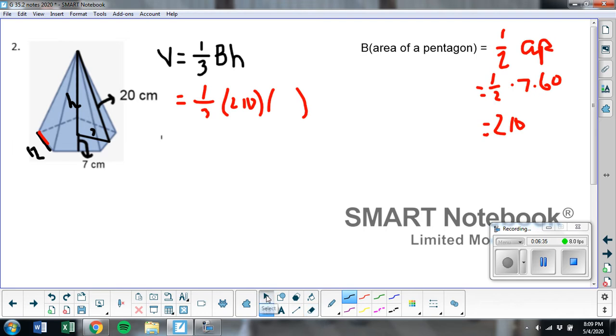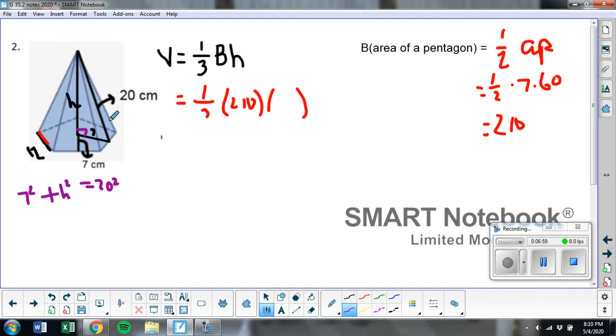So let's go ahead and do Pythagorean theorem. We're going to do 7 squared plus h squared is 20 squared. You do need to be showing your work, so 7 squared plus h squared equals 20 squared. I know 20 goes here because this is where the right angle is.